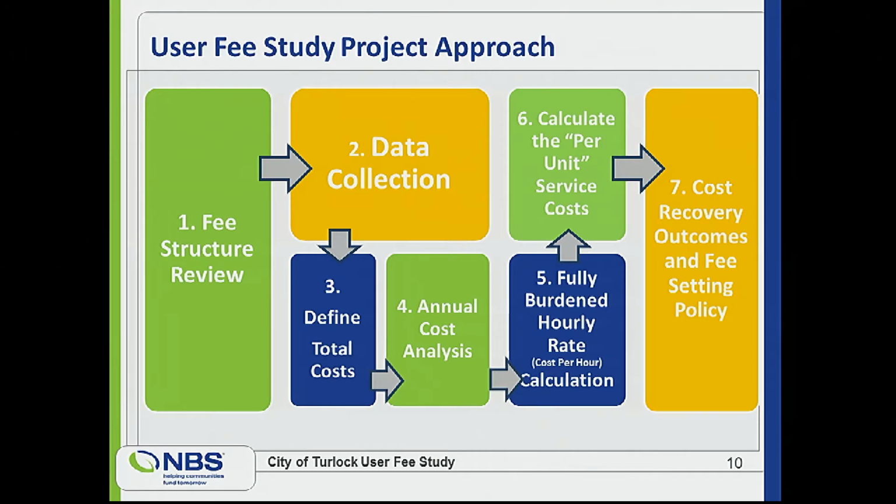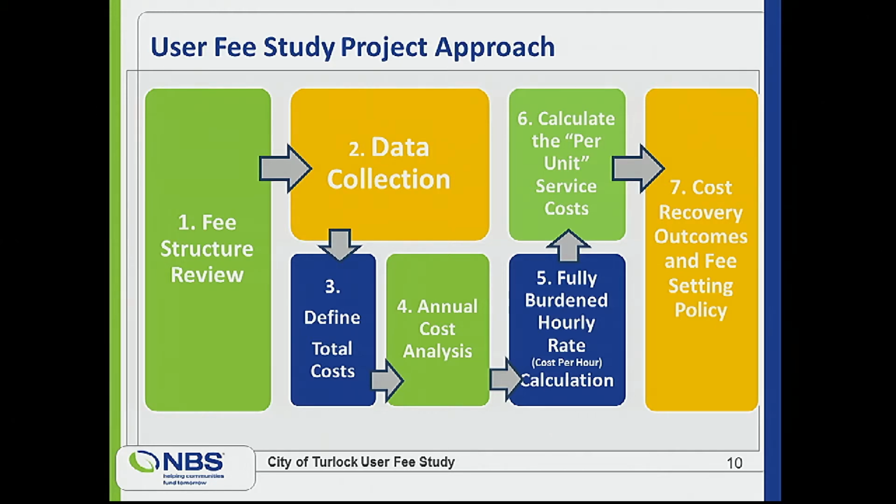Then we went through an annual cost analysis, and we used fiscal year 15-16 data to understand what types of permits and how much effort is going into the engineering division. The reason we chose fiscal year 15-16 is that it was a closed fiscal year when we started this study. Then we calculated a fully burdened hourly rate.